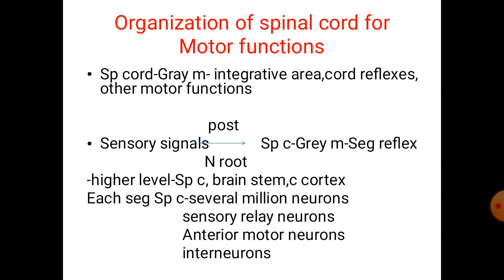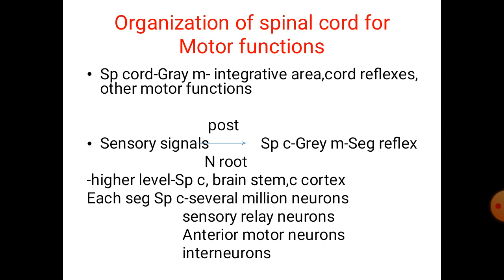Each segment of the spinal cord has several million neurons. The sensory neurons are there, motor neurons are there, and interneurons are there. So each segment contains several million cells: sensory cells, motor cells, as well as interneurons.